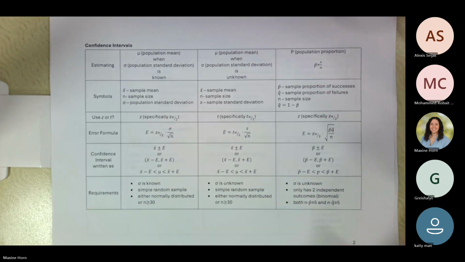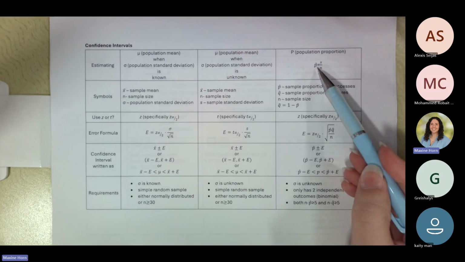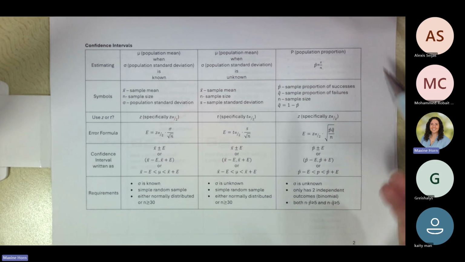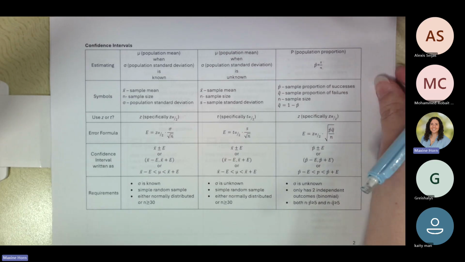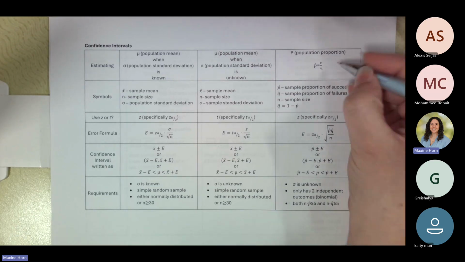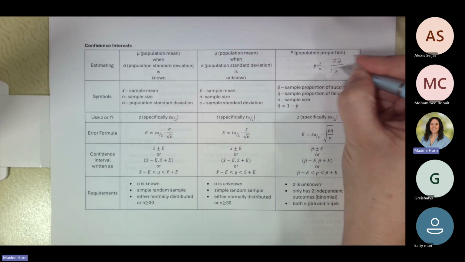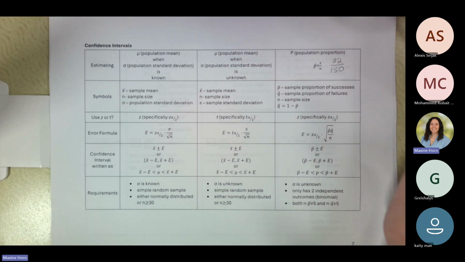Also note here, p hat is your x over your n. So if they have a study that shows that 72 people out of the 150 people surveyed said yes to something, that's your p hat, the x over the n.